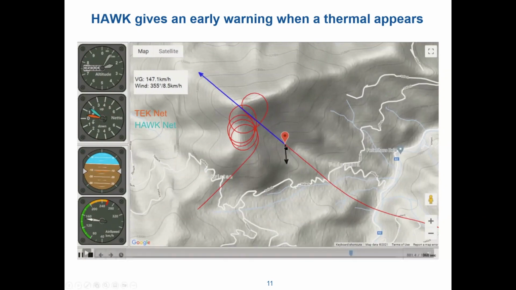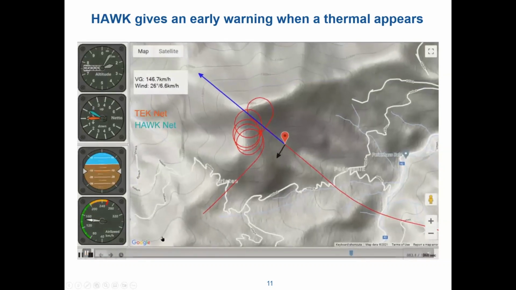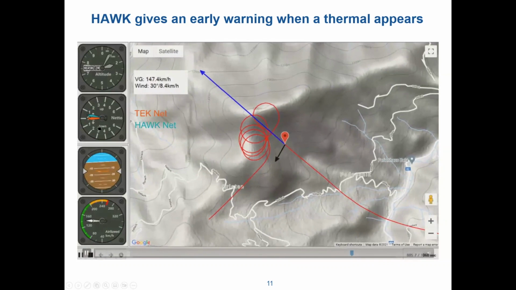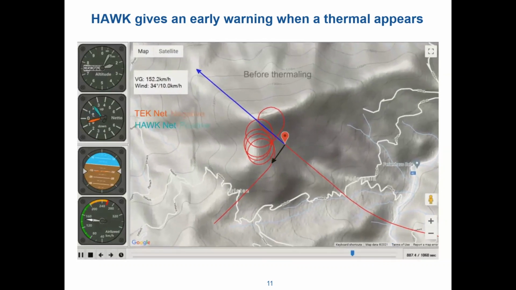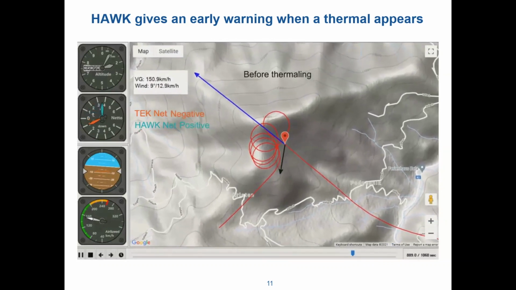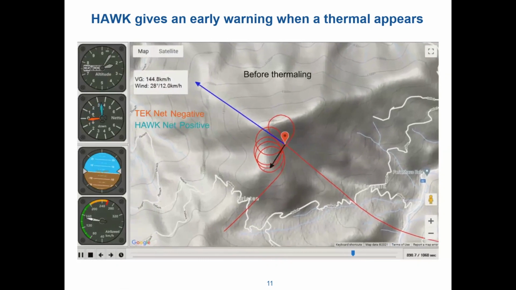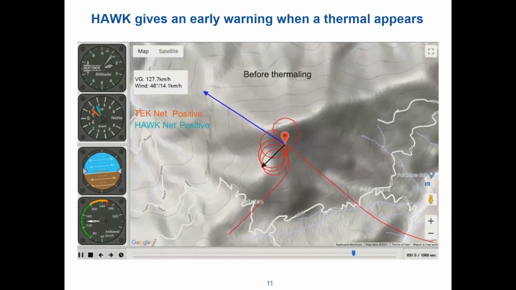And now again, please look at the glider approaching the ridge here. Okay? And look at the blue needle and the red needle only. Here, Hawk shows you, okay, there's the thermal coming. Look at the altitude meter.